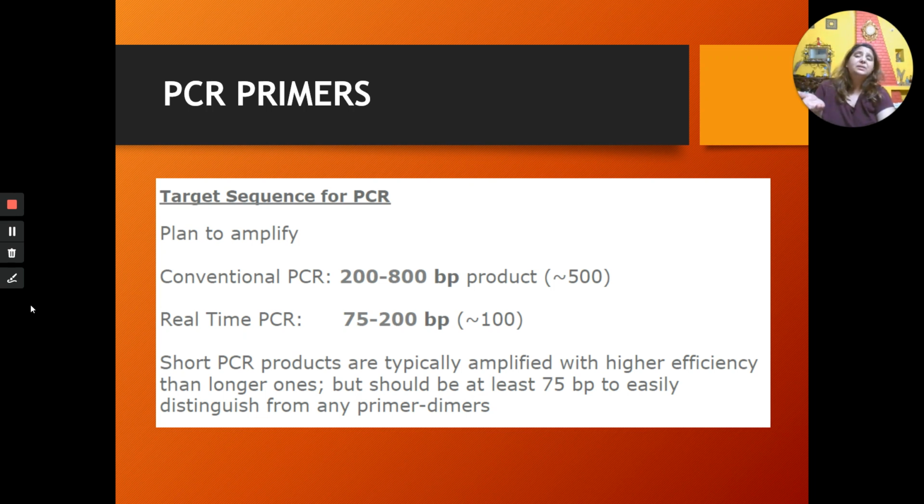However, in case of real time PCR, the range is between 75 to 200 base pairs. We should not go below 75. We don't go below 75 because we want a band which is slightly above the primer dimer bands. That is the reason.